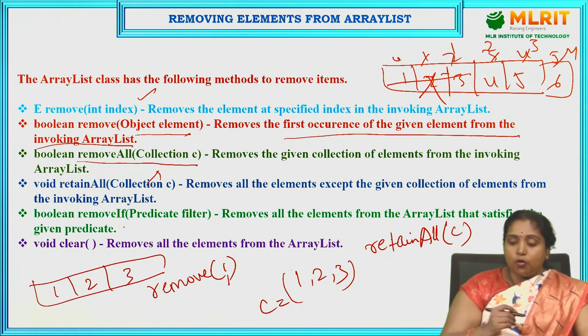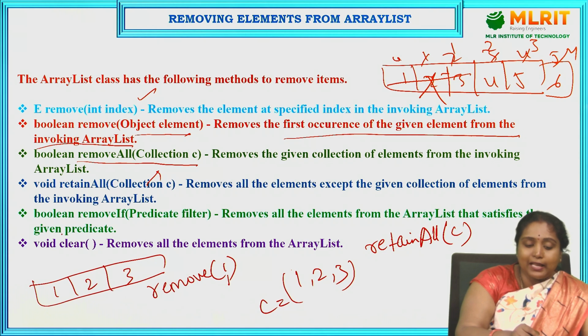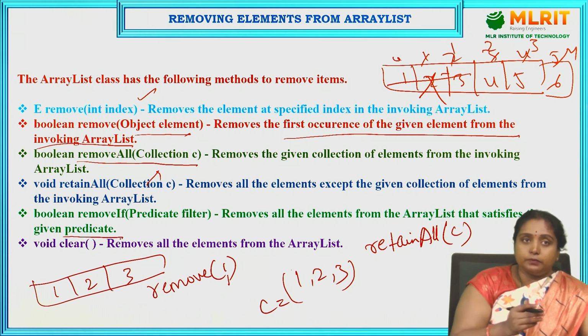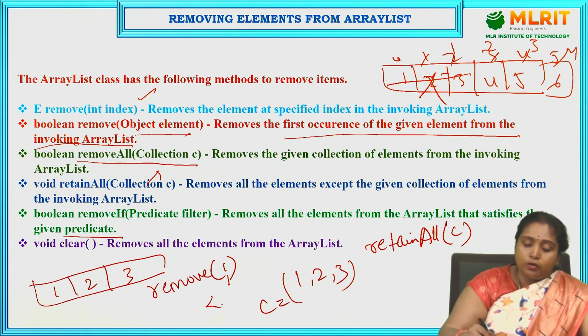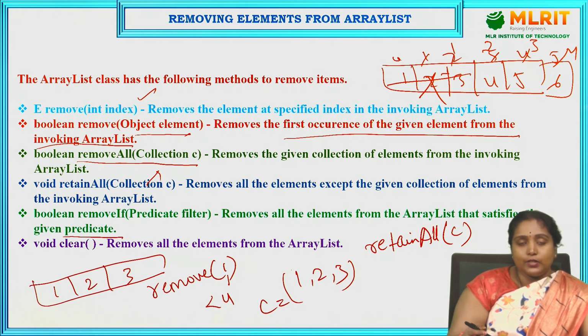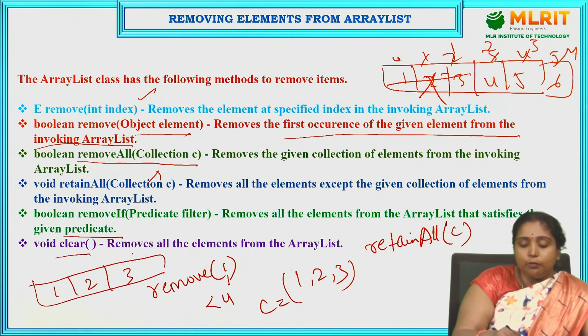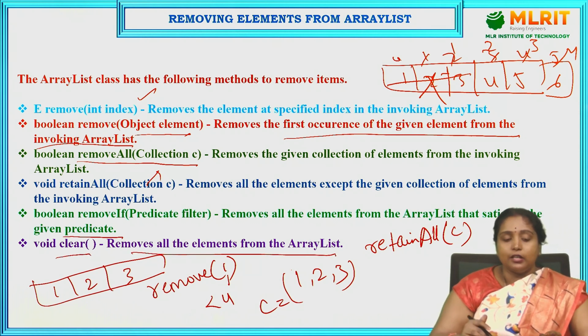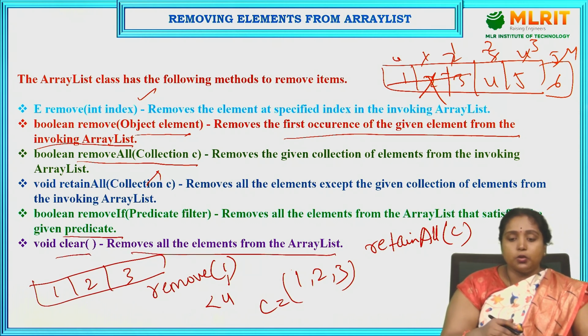If I just want to remove the elements which are less than 4, those would be removed. And clear removes all the elements from the ArrayList. So these are the methods used to remove or delete elements from the ArrayList.